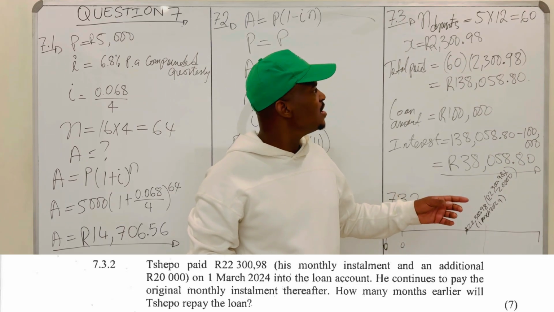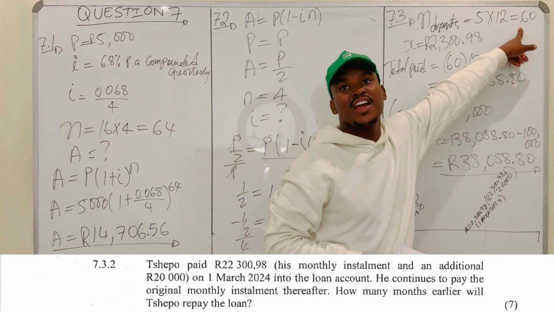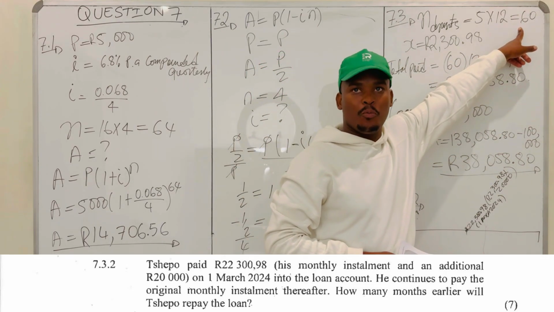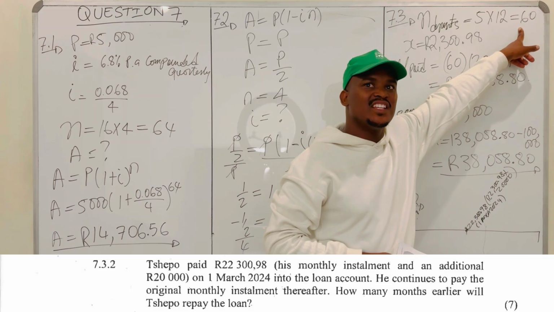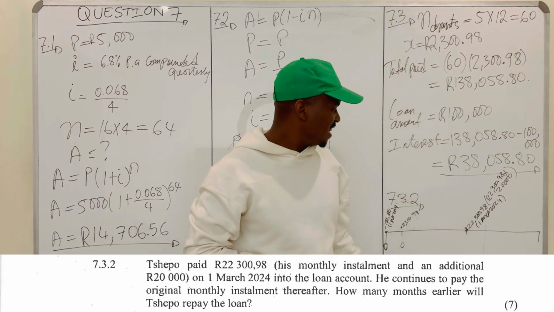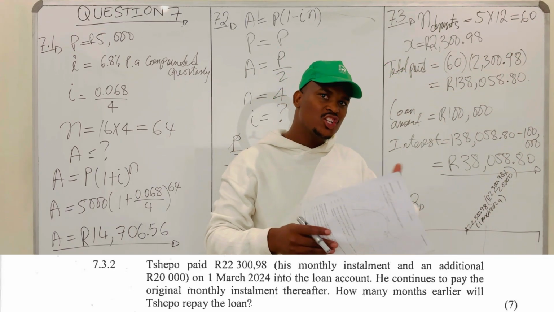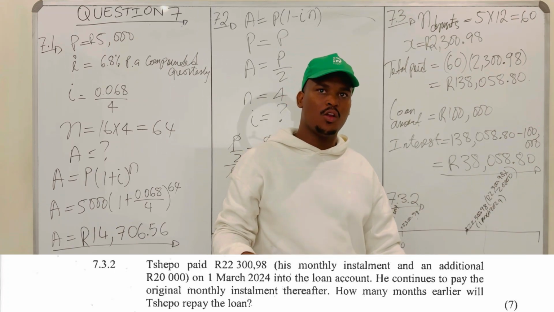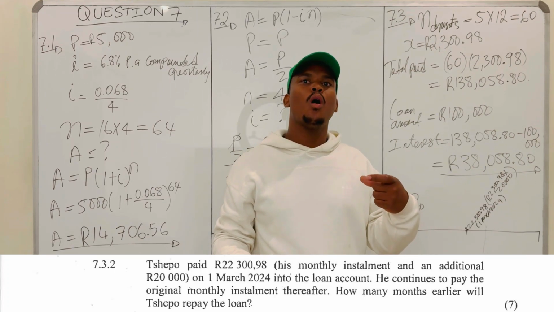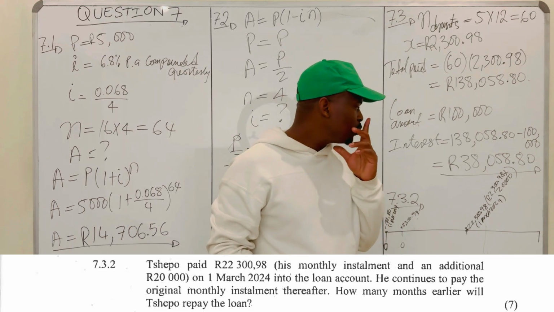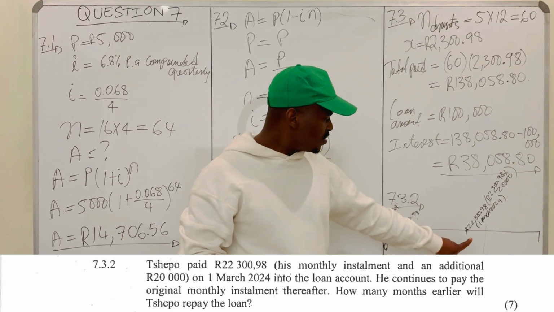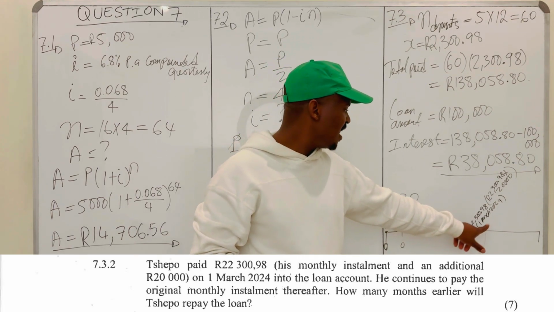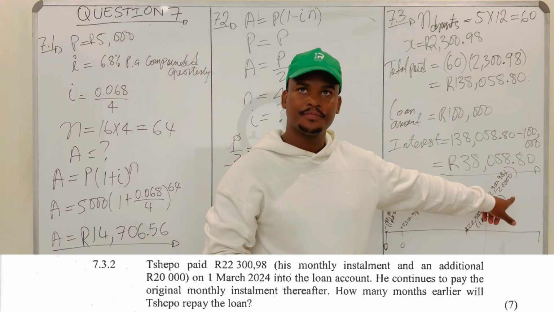Tsepo was initially scheduled to finish the loan in 5 years from when he took it. But that deposit of 20,000 will shorten the duration. So they want us to know how many months earlier. We need to know the balance of that loan after that 20,000 deposit.